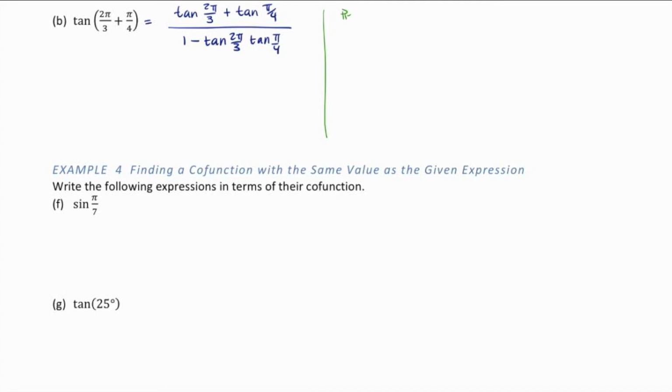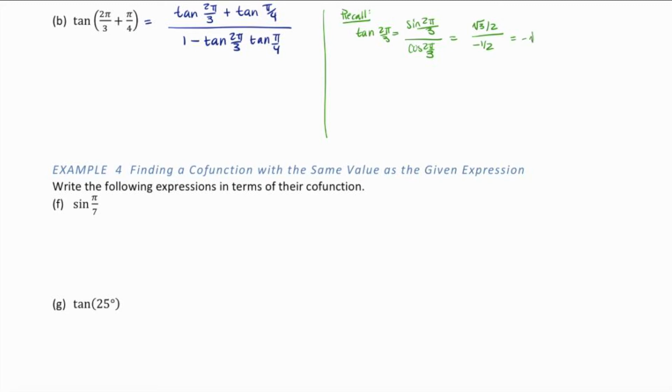So recall, tangent of 2 pi over 3 equals sine of 2 pi over 3 divided by cosine of 2 pi over 3. Sine of 2 pi over 3 is what? Root 3 over 2. And cosine of 2 pi over 3 is negative 1/2.